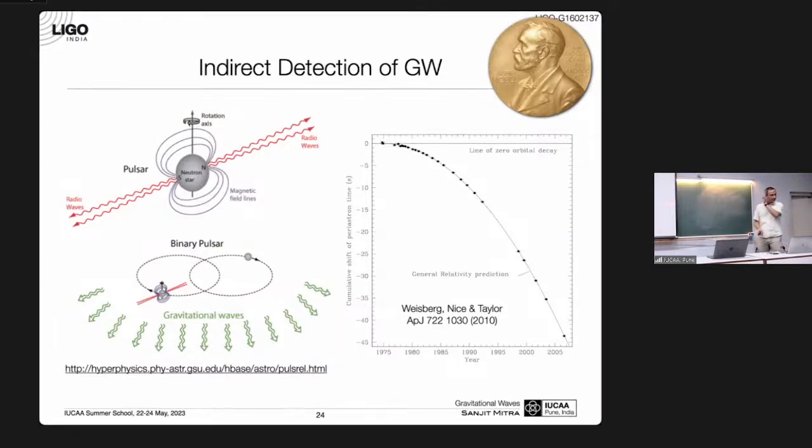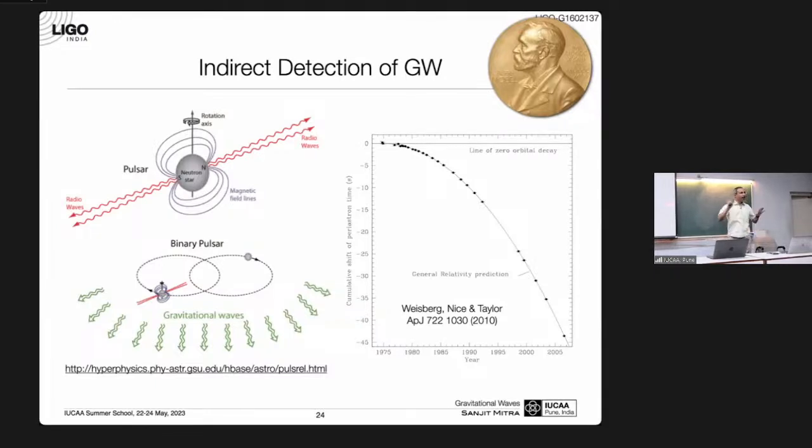And they match very well, okay? Some of these observations were done in recent times. The initial observation was, I think, up to this point. This was done by Hulse and Taylor, and they got the Nobel Prize for this part. So this was an indirect detection of gravitational waves.